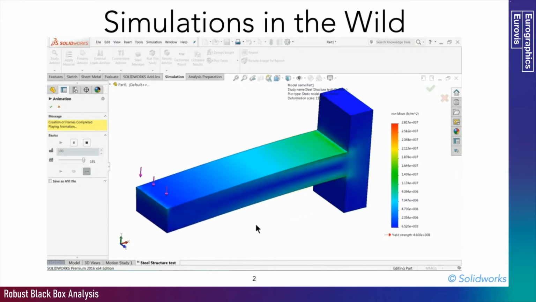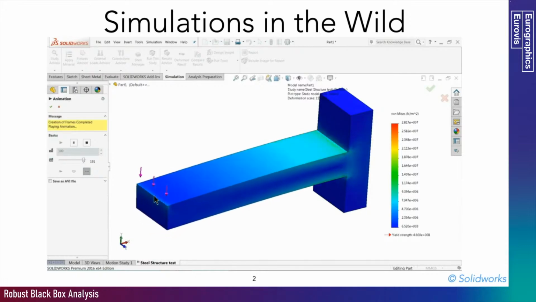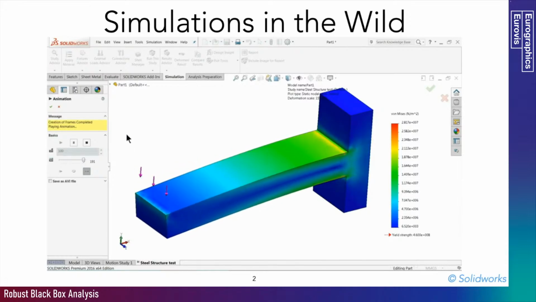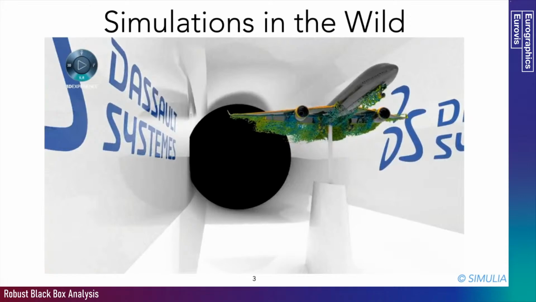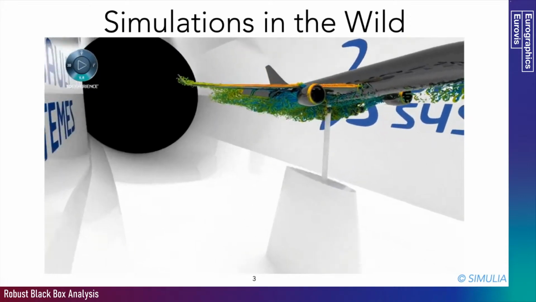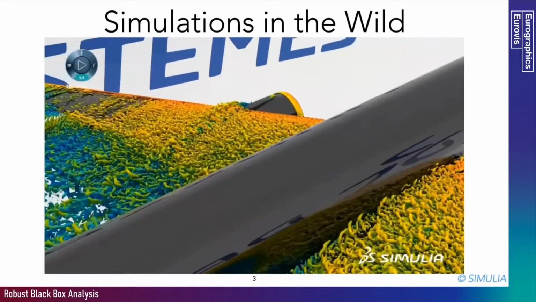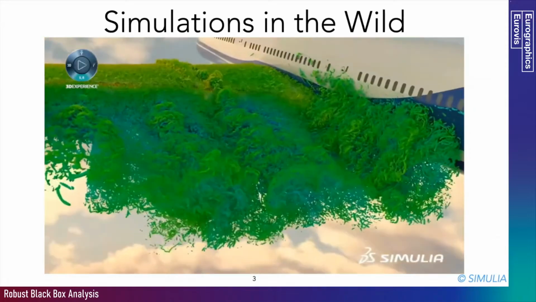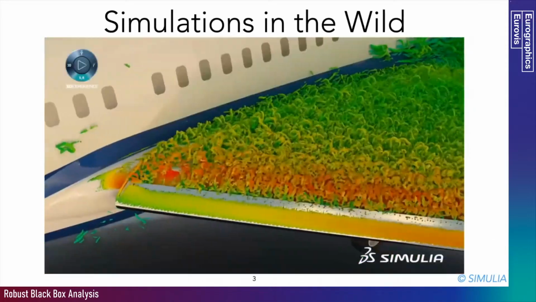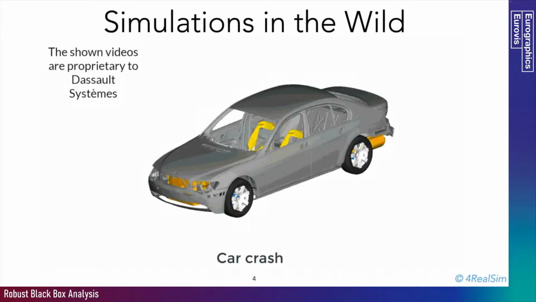Mechanical simulations like this bar here, where it's fixed on one side and there is load put on the other side, are very common in mechanical engineering to estimate where stresses accumulate and where potential breaking points of the parts will be. In the aerospace industry, simulation of fluids, in this case of air, is very important for testing how the design will perform before fabricating them and doing measurements on the actual parts.